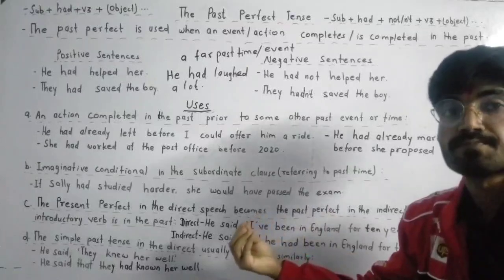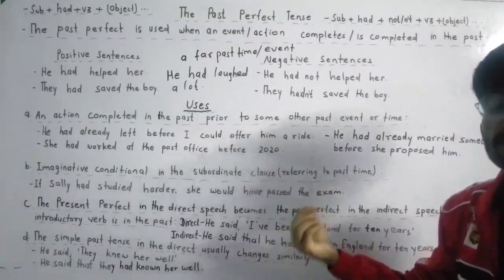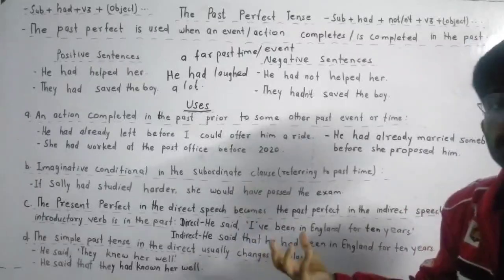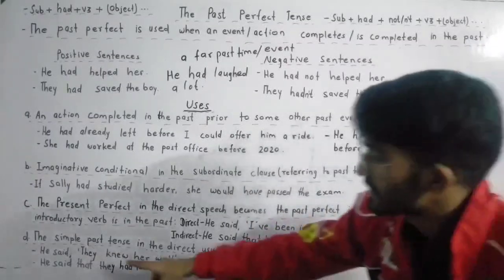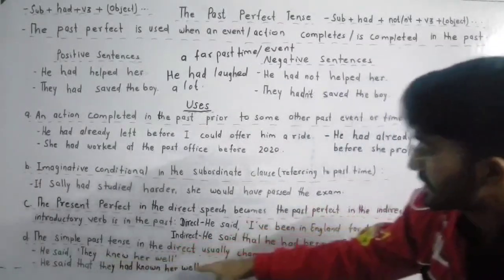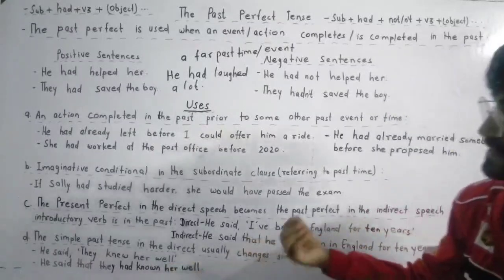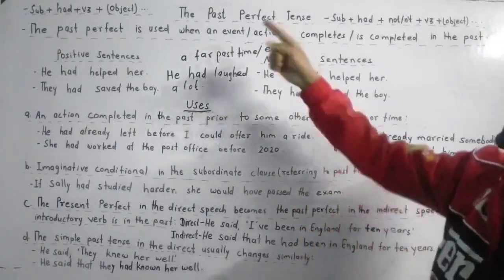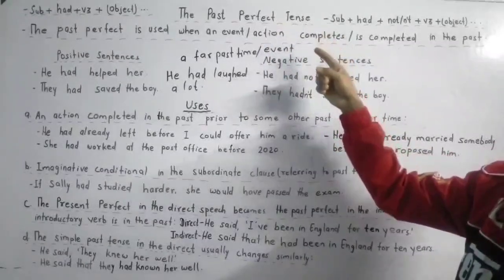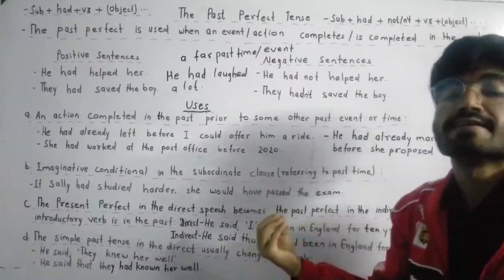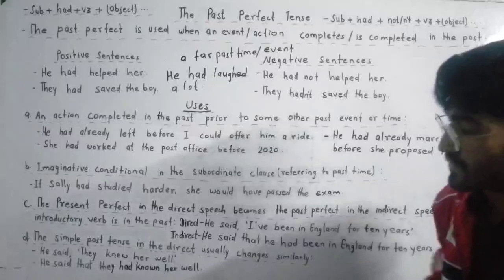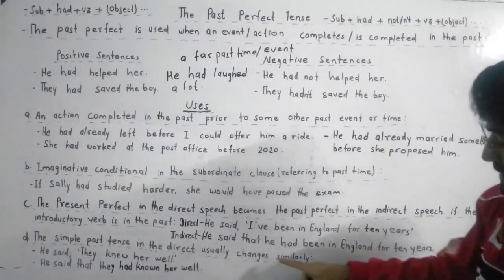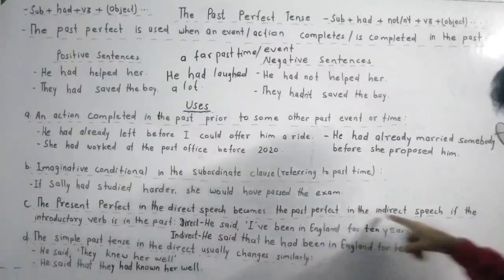If the simple past sentence is in the direct speech, we change that simple past sentence into the past perfect tense while making an indirect sentence. It changes similarly, like this one.